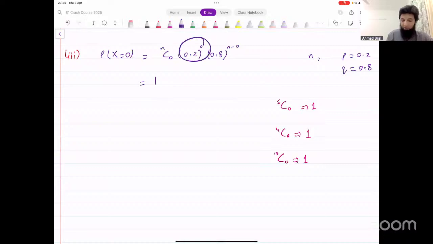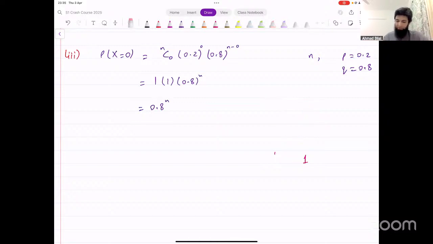0.2 raised to power 0, what about that? That's also going to be 1. And we're just left with 0.8 raised to power n. So the probability that we have no successes is equal to 0.8 raised to power n.